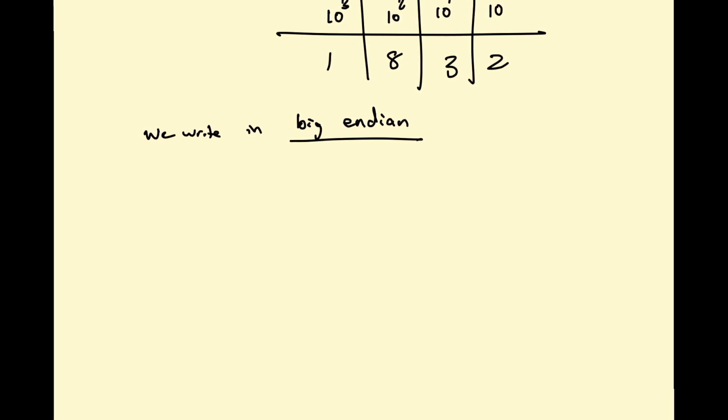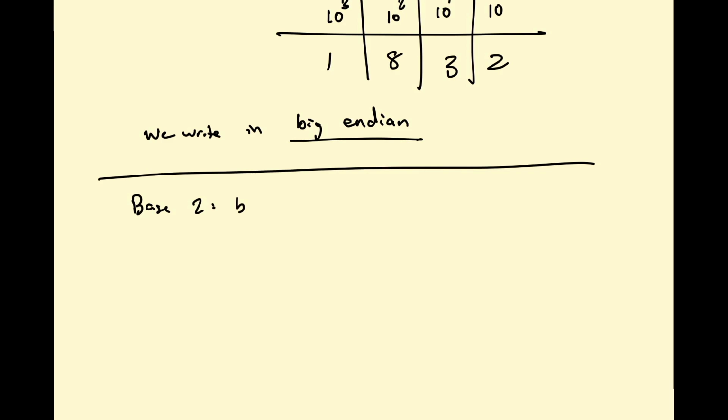Base 2, or the binary system, and base 16, which is called hexadecimal. Okay, now in these two schemes, in binary, what are our digits? That's it. Everything will be expressible in terms of those two digits only.